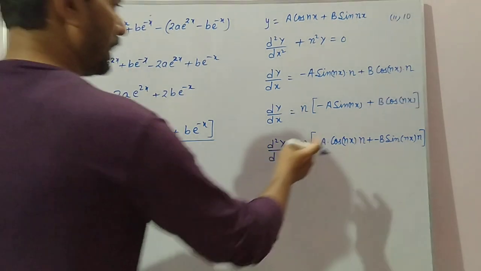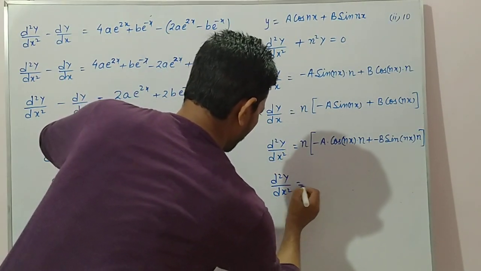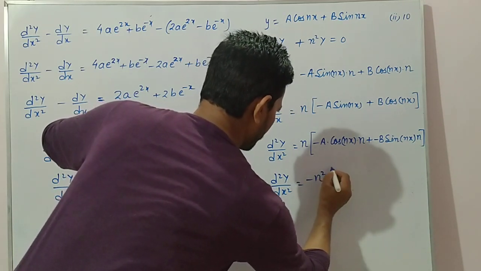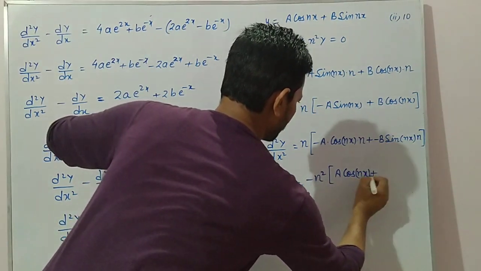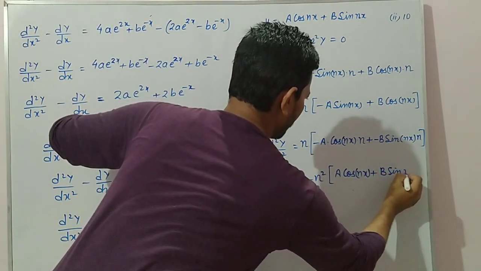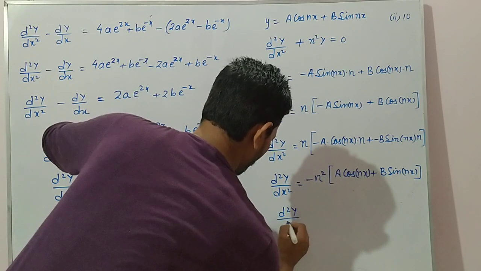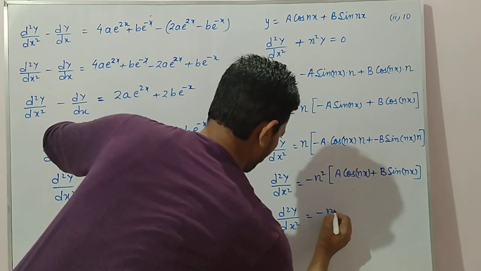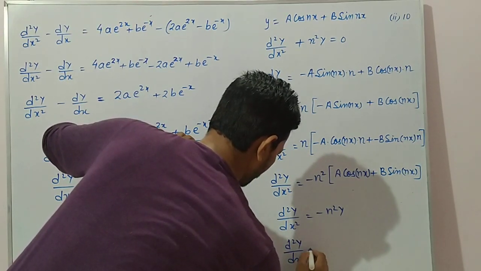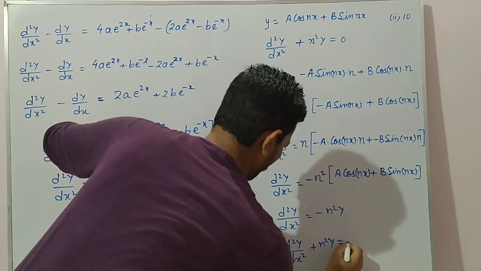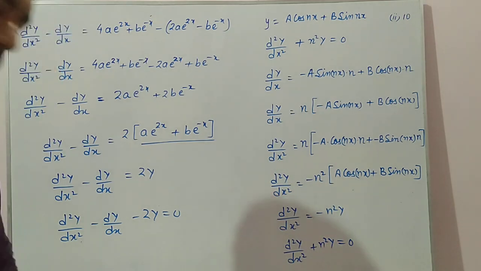Now from here we can take minus and n common. So d2y by dx square equals minus n square, and you are left with a cos nx plus b sin nx, so this is y. d2y by dx square equals minus n square y, so d2y by dx square plus n square y equals 0. So this is our required proof.